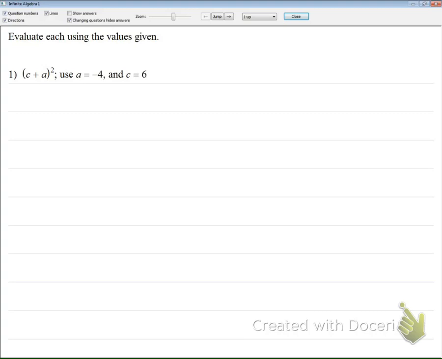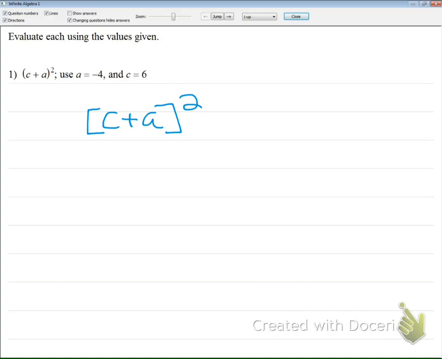So if you looked back on my steps, one of the steps I said is to replace any parentheses with brackets. So I'm going to copy down the problem. I'm not going to replace everything just yet. When you get better at this, you can start replacing everything at once. So replace the parentheses with brackets. I fill in any negative variables inside of parentheses.